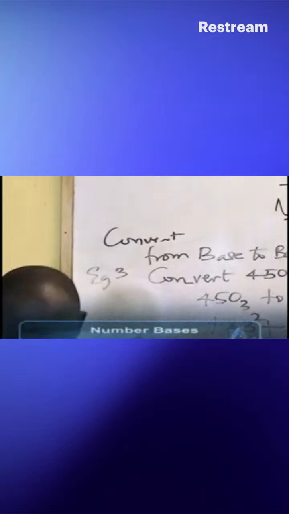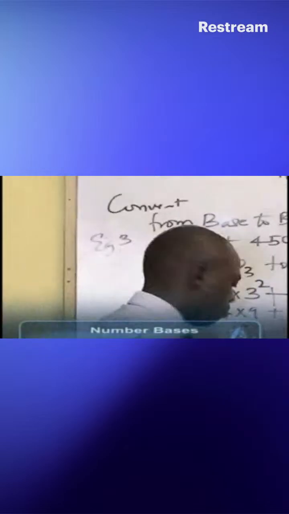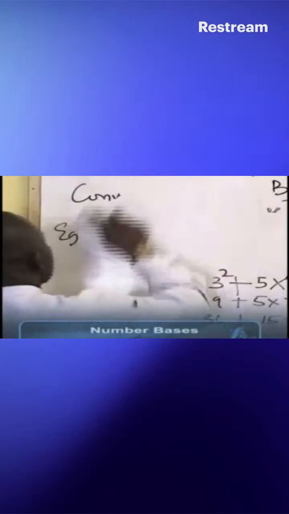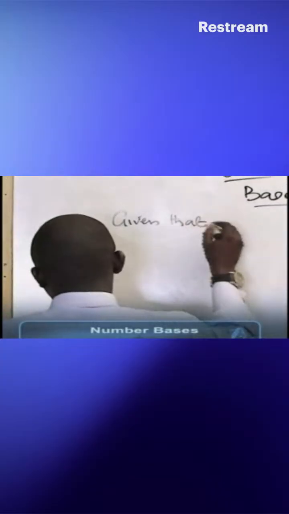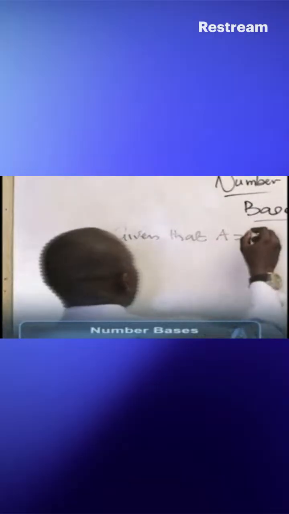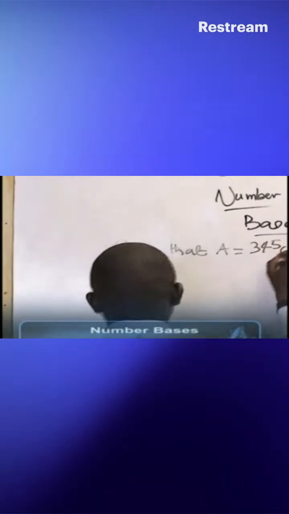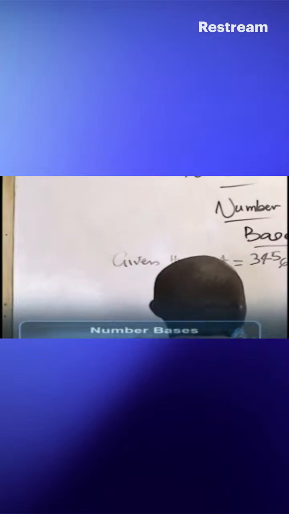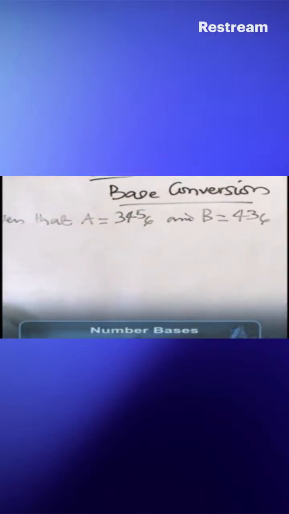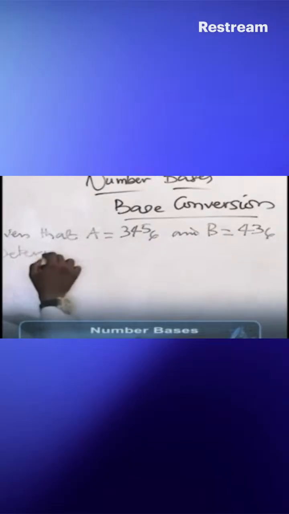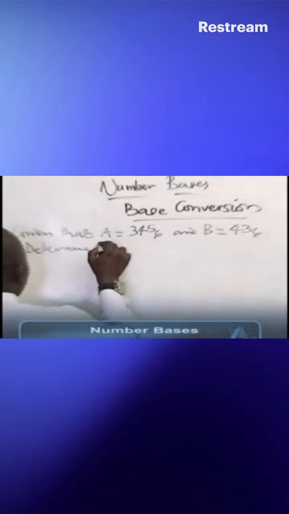And I want you to look at this question. Given that A equals 3 4 5 base 6 and B equals 43 base 6, determine 1.